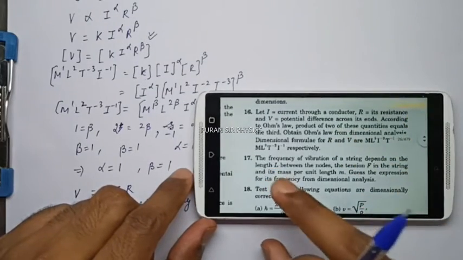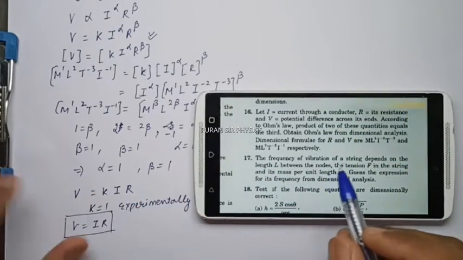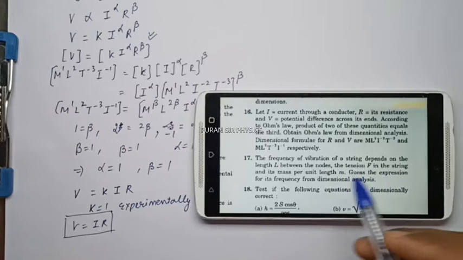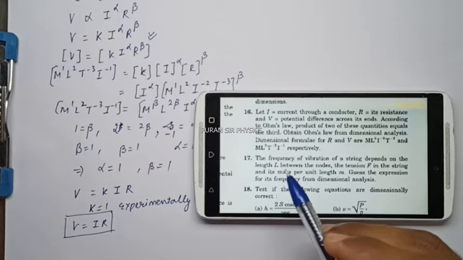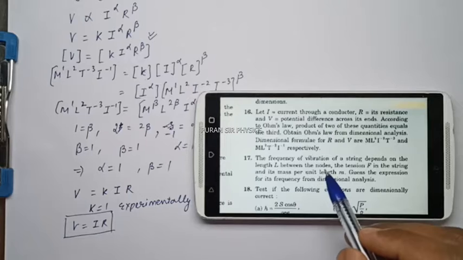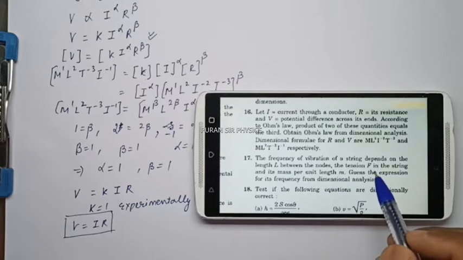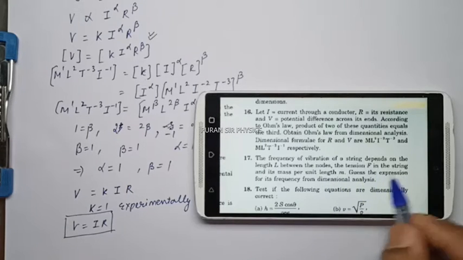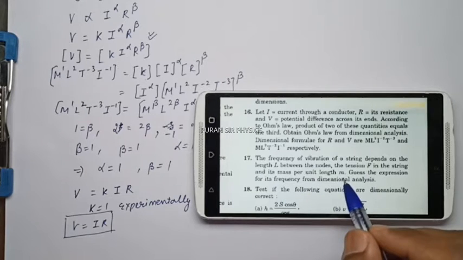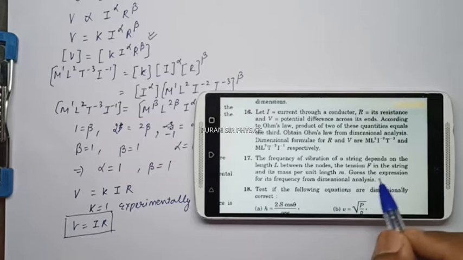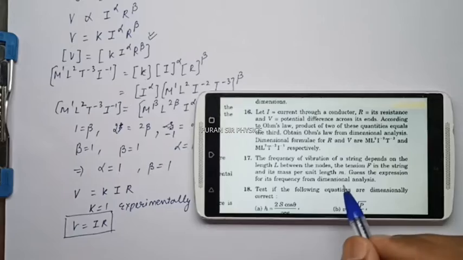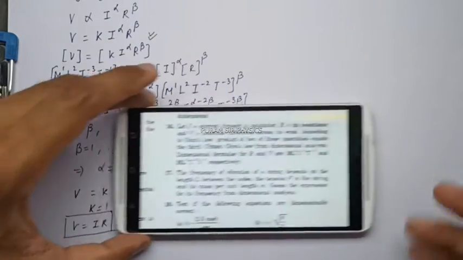In question number 17, the frequency of vibration of a string depends on the length L between the nodes, the tension F in the string, and its mass per unit length. Guess the expression for its frequency from dimensional analysis.